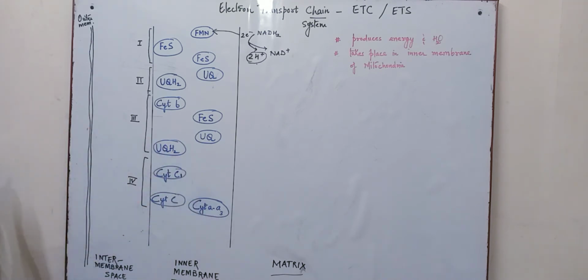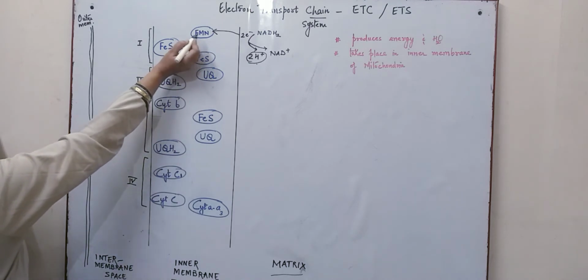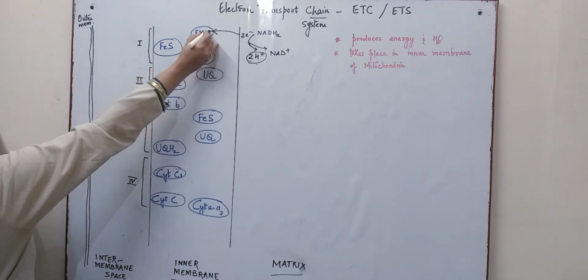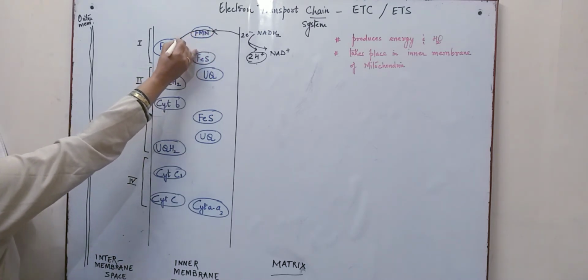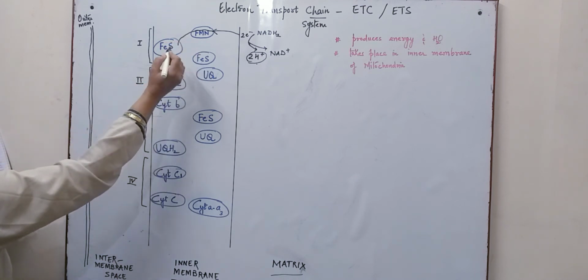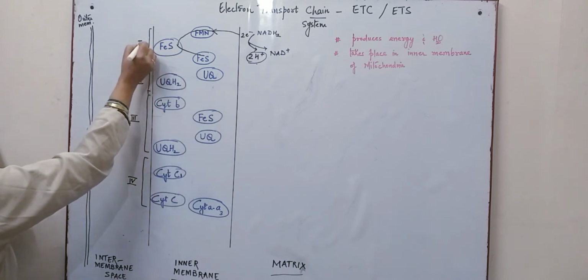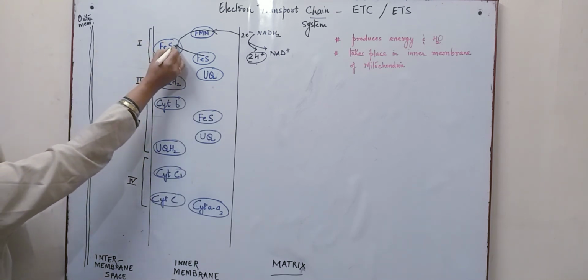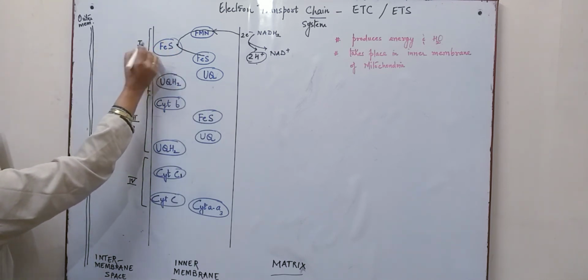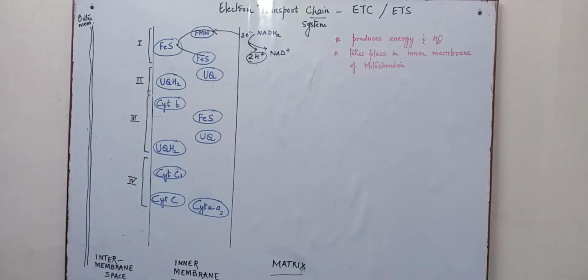Now, as the electron passes down, it will continuously release energy. When the electron passes from FMN to FeS, that is complex 1, energy is released over here.